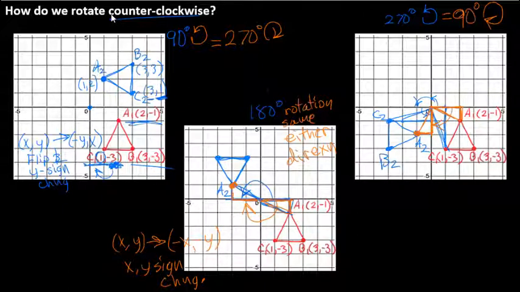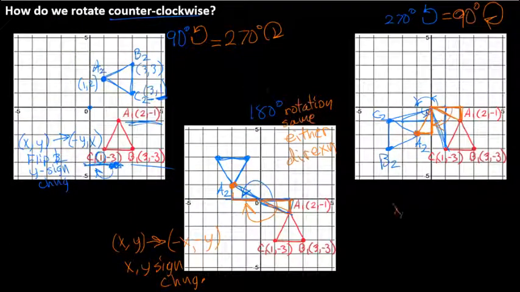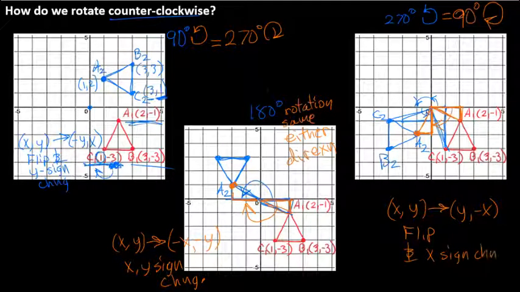So, our numerical pattern that arises here when we go 90 degrees clockwise, if we just look back over here. So what was 90 degrees clockwise? That was just y negative x. So we went from xy to y negative x, meaning we're just flipping and an x sign change.